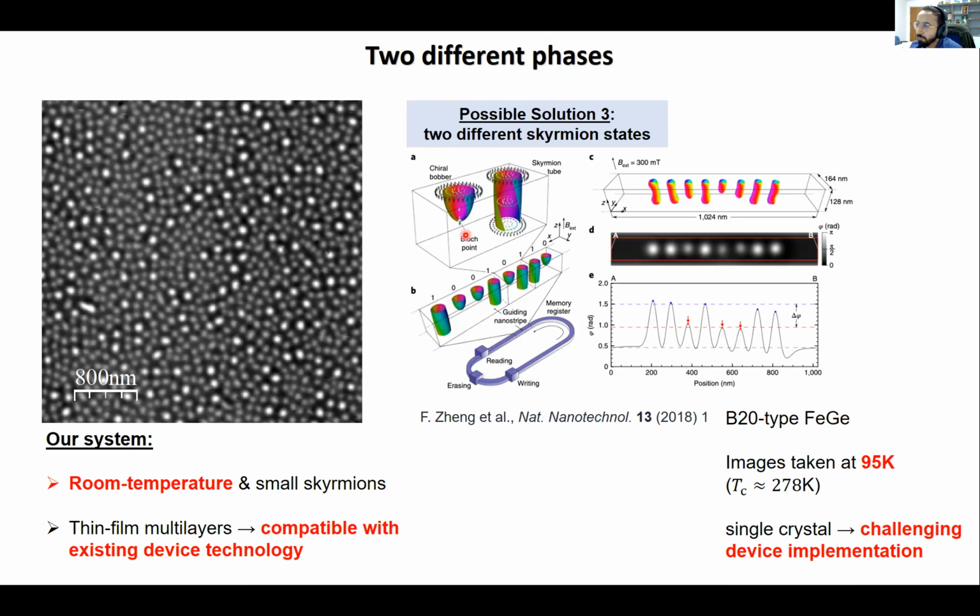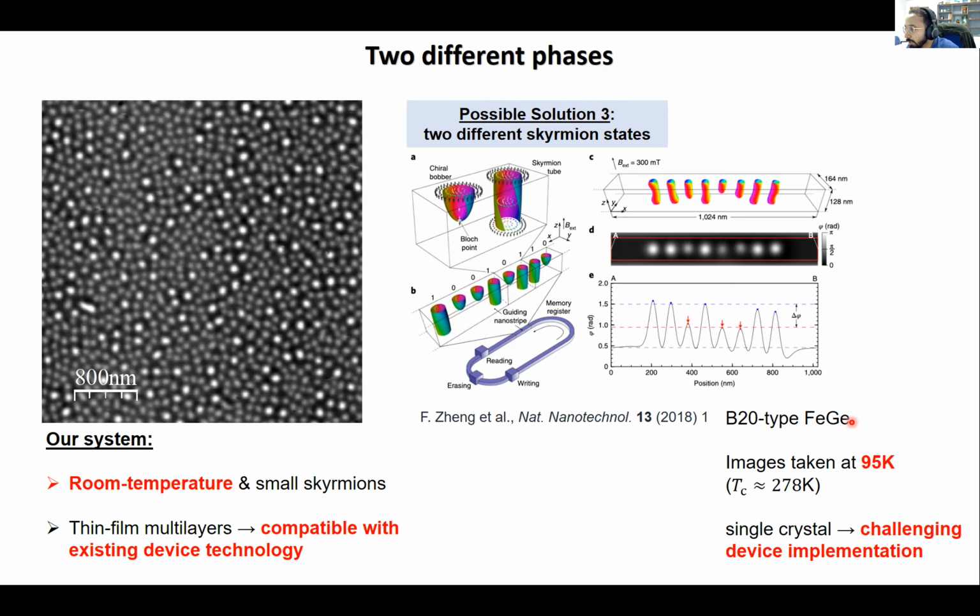So how is it different from what was observed in 2018 in this paper that I showed you? Although in this paper the same logic was used, the problem with this work was that firstly it was generated in a B20 iron germanium crystal, so it lacks device fabrication compatibility.